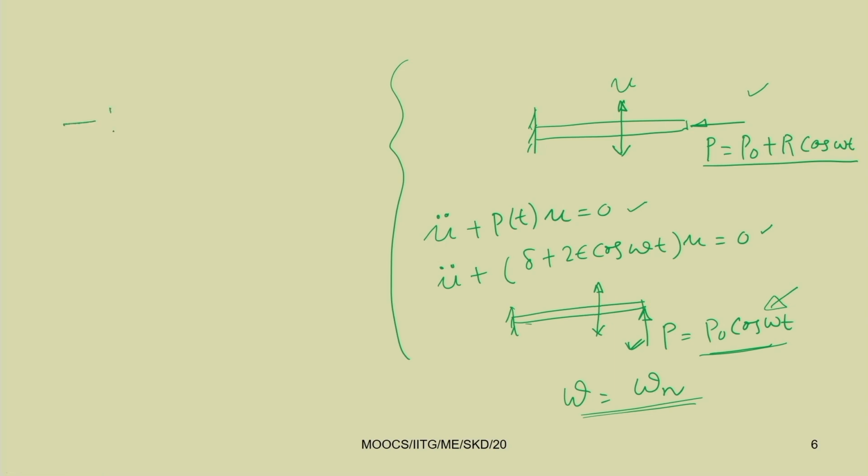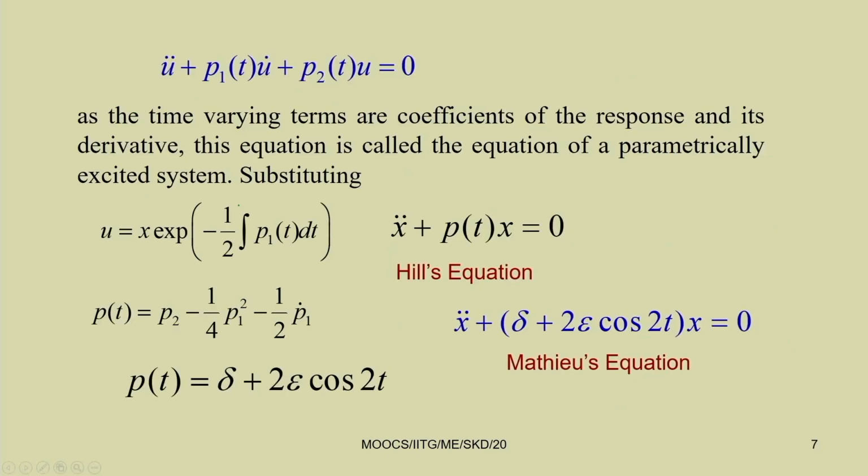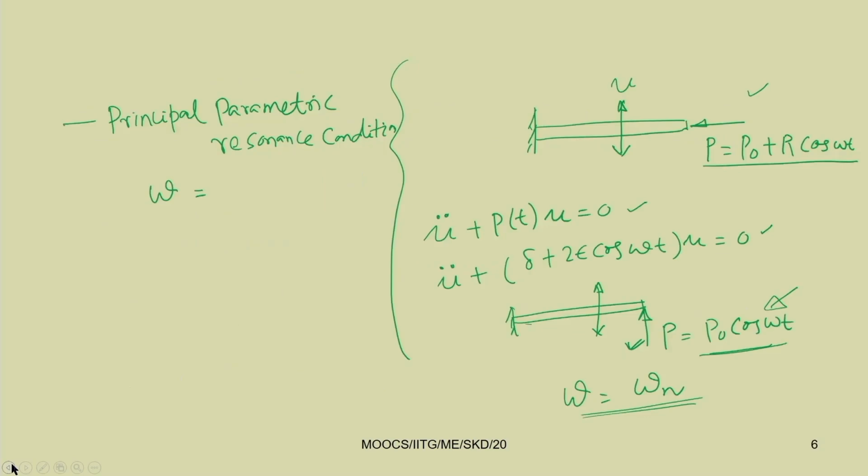One is known as the principal parametric resonance condition. In this condition, omega, that is the external frequency, is equal to twice the natural frequency.